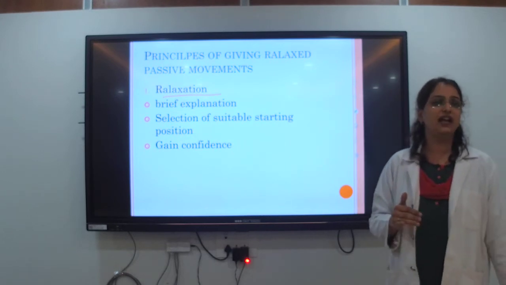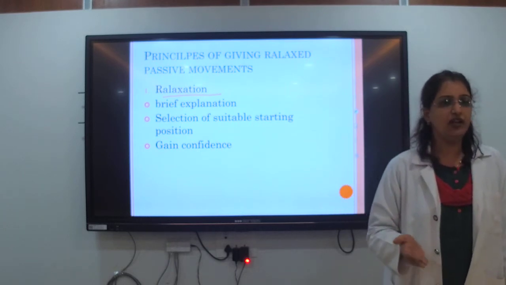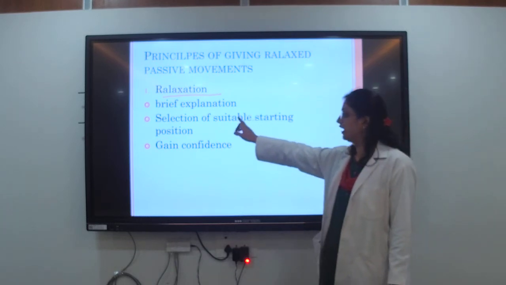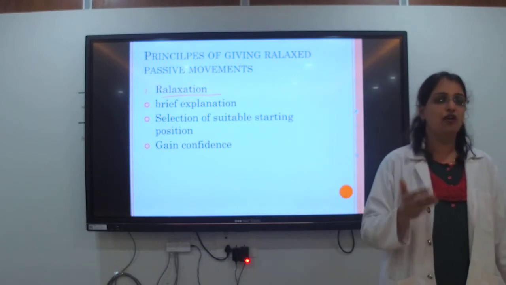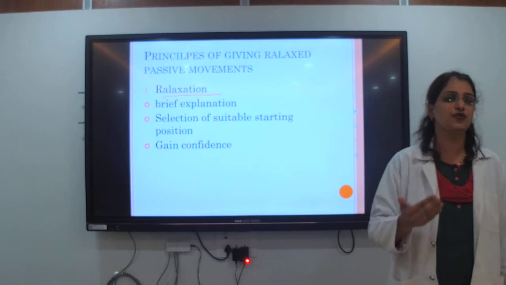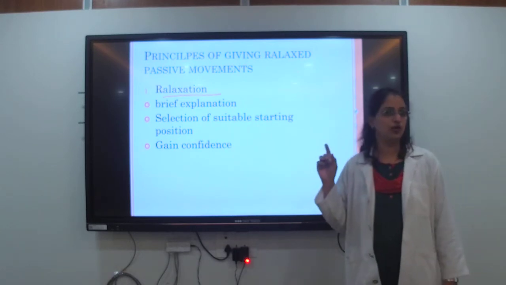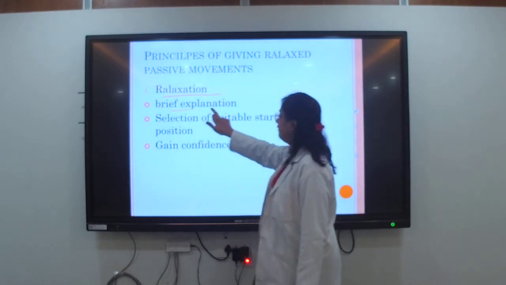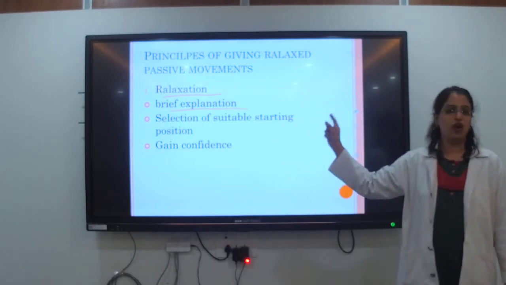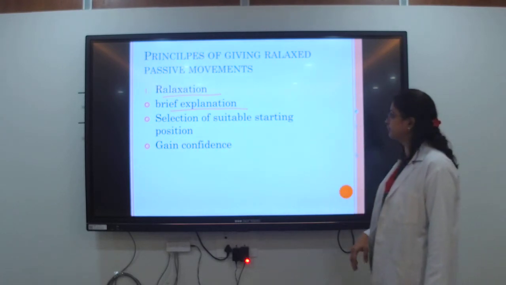After that you have to ask his permission, and then you have to touch. And after that you have to give a brief explanation of which procedure or treatment you are going to perform on him, because the patient should know.